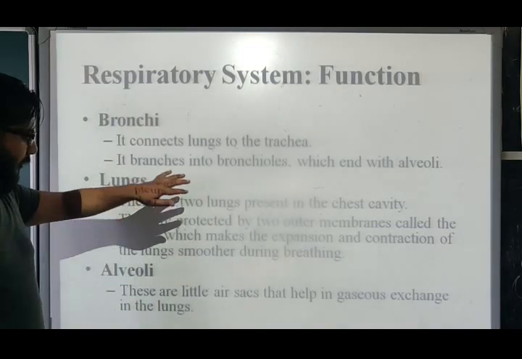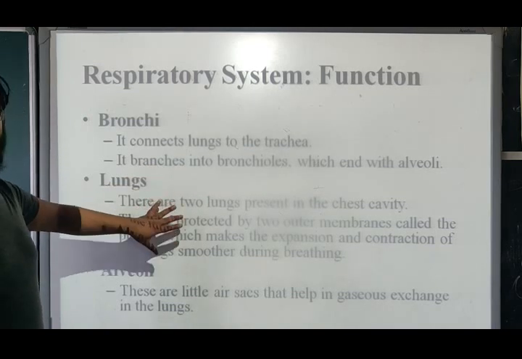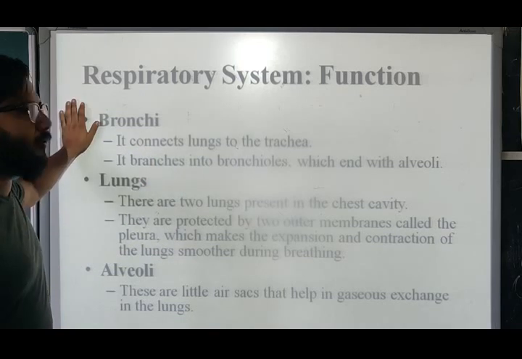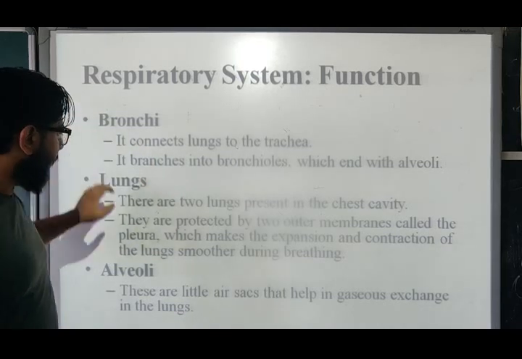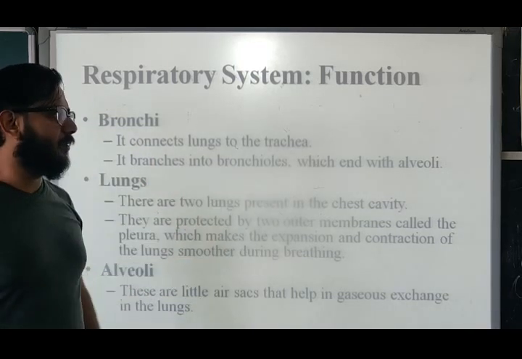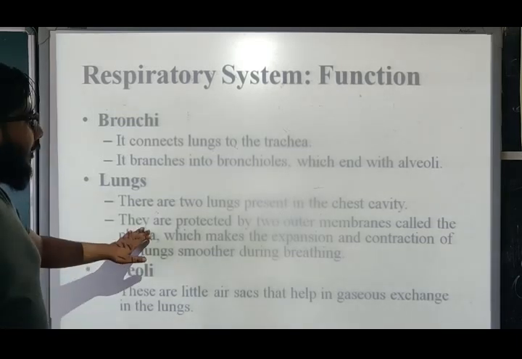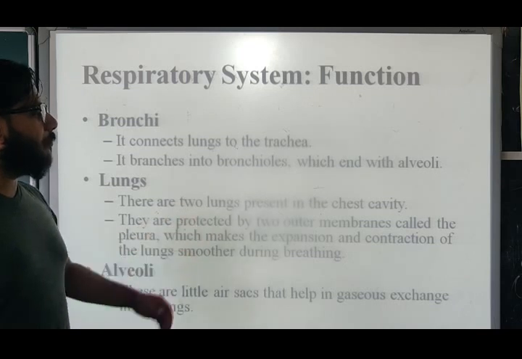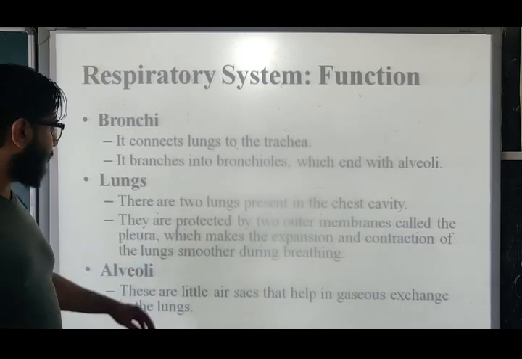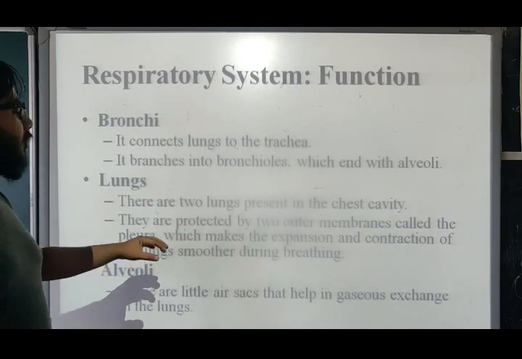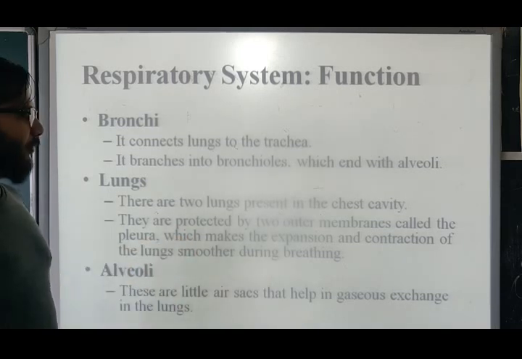It is one of the most important protagonists of the respiratory system. There are two lungs present in the chest cavity. I think you have seen the diagrams. They are protected by two outer membranes called pleura, which make the expansion and contraction of the lungs smoother during the breathing process.